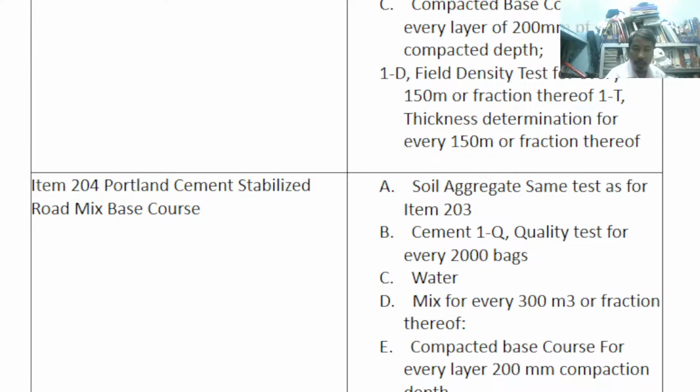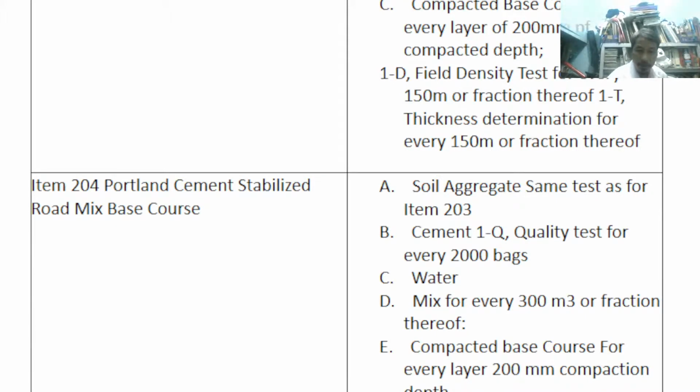For every 2,000 bags, quality test. Okay? So, cement. Then, water, as we tested. D, mix for every 300 cubic meter or fraction thereof. And letter A, compacted base course for every layer, 200 mm compaction depth. Okay? The layering now is 200 mm.